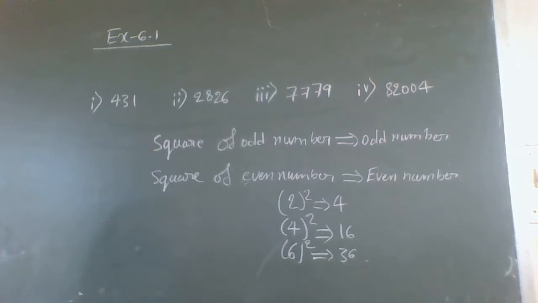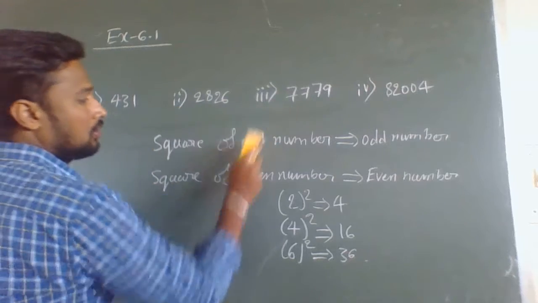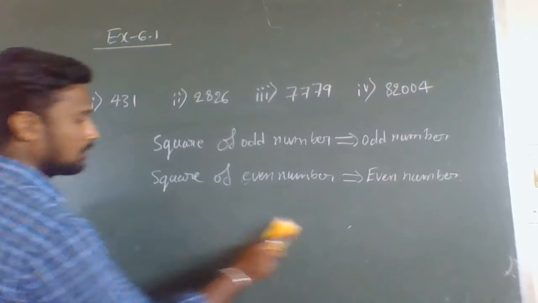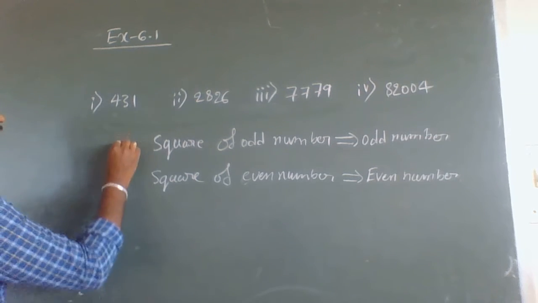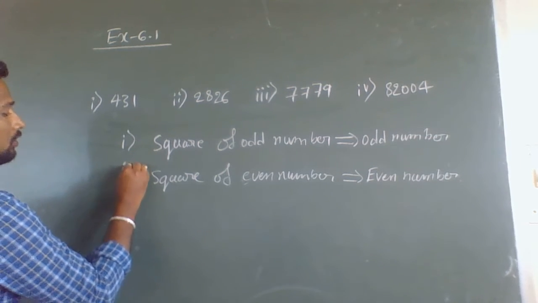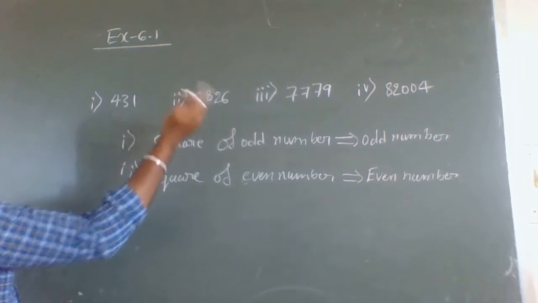So by these properties we can write which of these numbers' square value will be an odd number. They are asking which of the following numbers have odd squares.